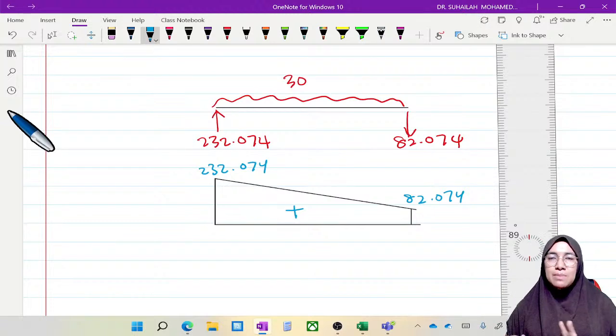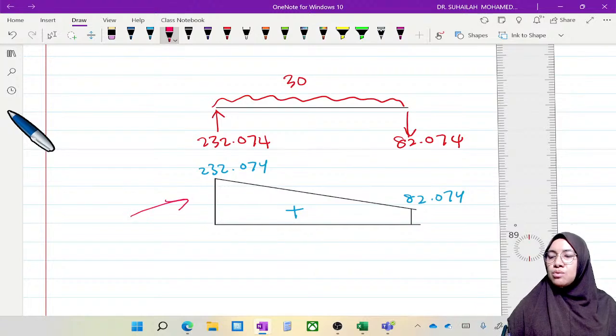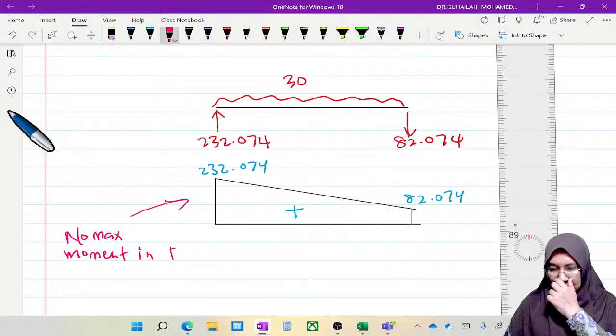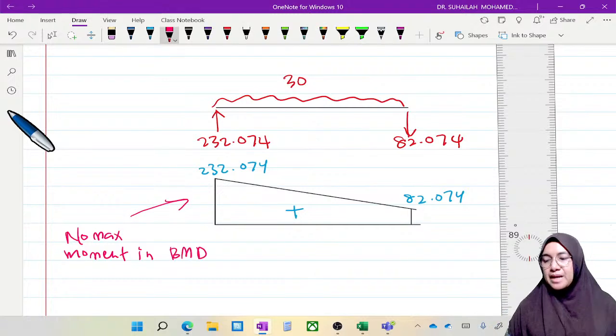What does it mean? A trapezium means there is no maximum moment in the bending moment diagram.